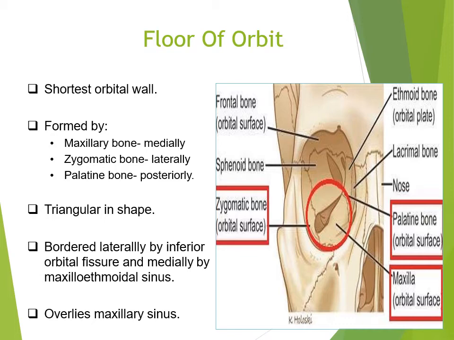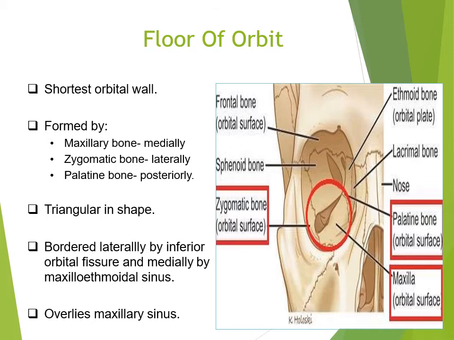Then the floor of the orbit. It is also triangular in shape, and it is made up of the zygomatic bone, the palatine bone, and the maxillary bone. Inferiorly, it is related to the maxillary sinus, just above it.